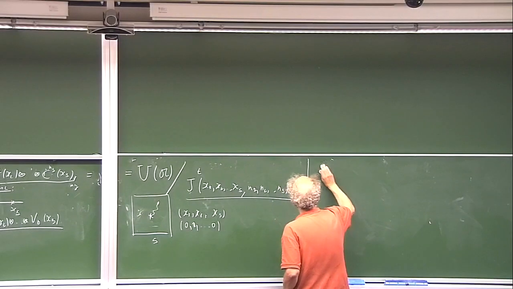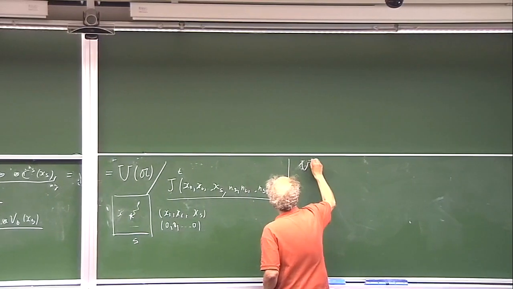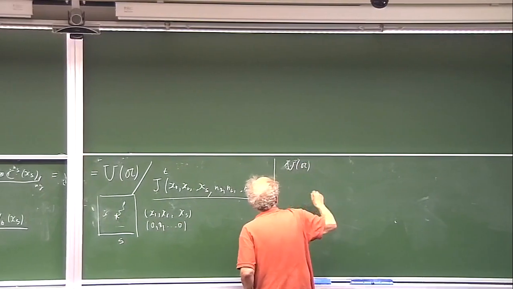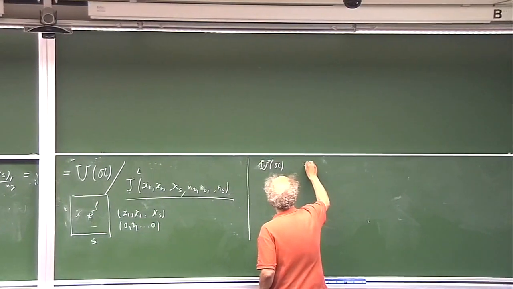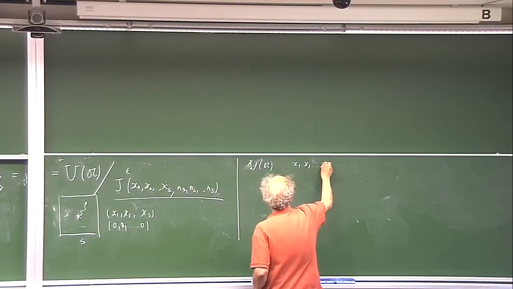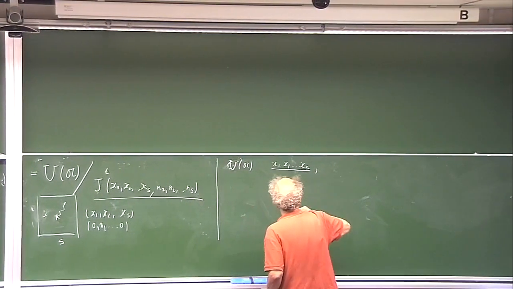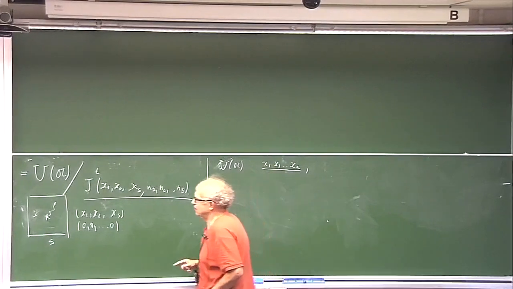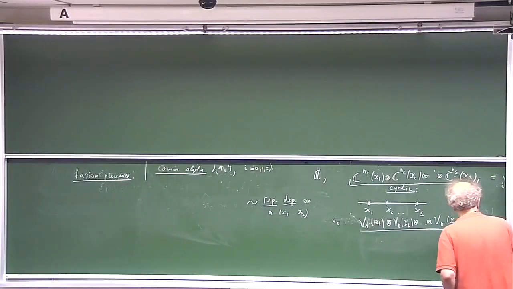So again I have a representation of my universal algebra of A depending on parameters x1, x2, and so on, xs. And let me take this product of vectors.